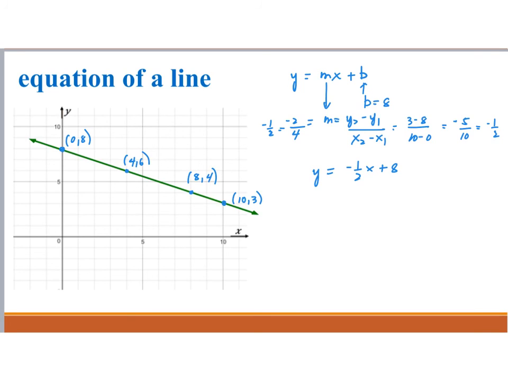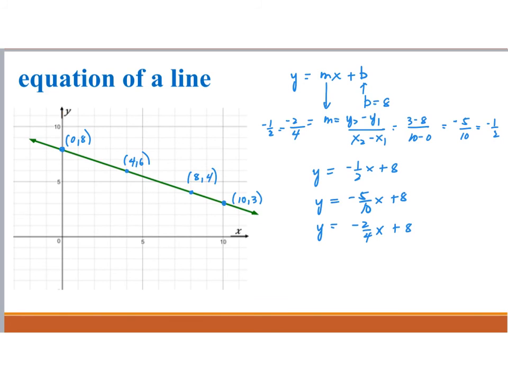But suppose you forgot to simplify negative 5 over 10 and you wrote this as y equals negative 5 over 10 x plus 8. That is not incorrect. And the same with negative 2 over 4: y is equal to negative 2 over 4 x plus 8.